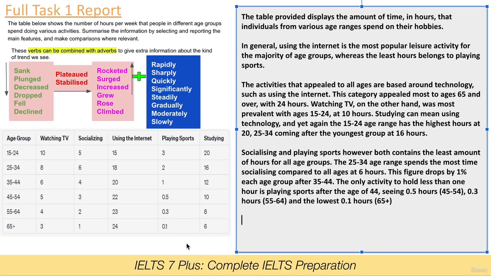Okay, let's read this back. Socializing and playing sports, however, both contain the least amount of hours for all age groups. The 25 to 34 age range spends the most time socializing compared to all ages at 6 hours. This figure drops by 1% for each age group after 35 to 44.